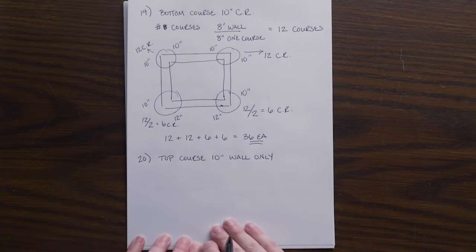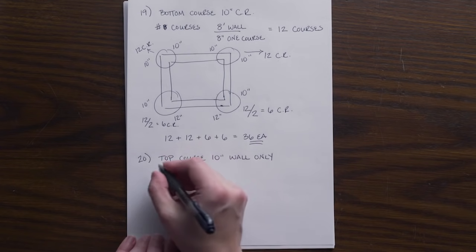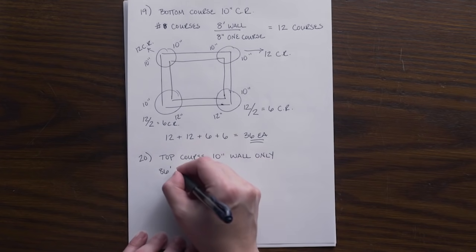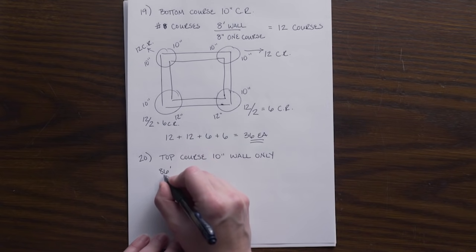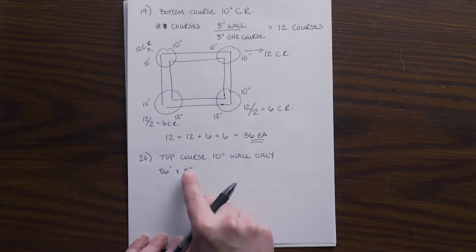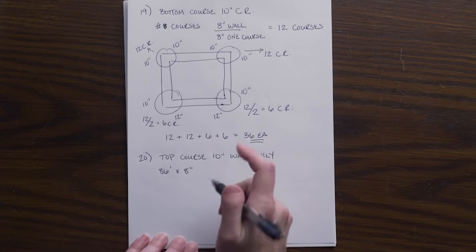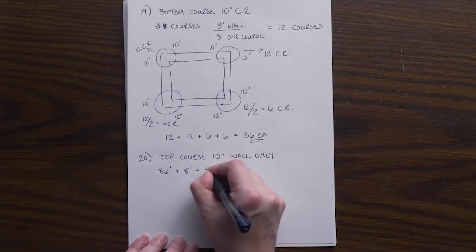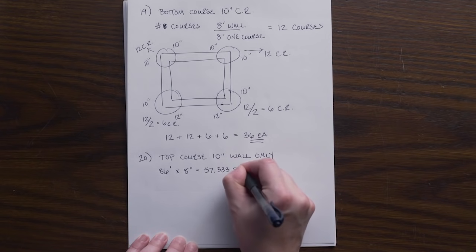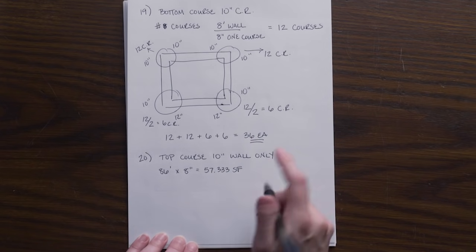There are 2 different ways that we can calculate this. We know we have 86 feet of 10-inch wall based on our center line for our back and our 2 sides. We can take our center line, that is the back and 2 sides, and multiply it by the 8 inches of 1 course high, so it's only the top course, and we can get 57.33 repeating square feet of lintel block.